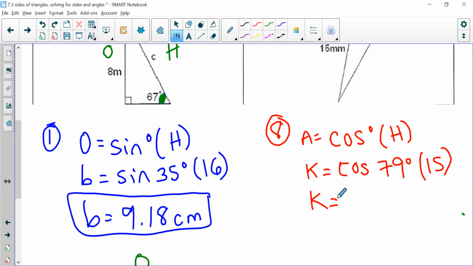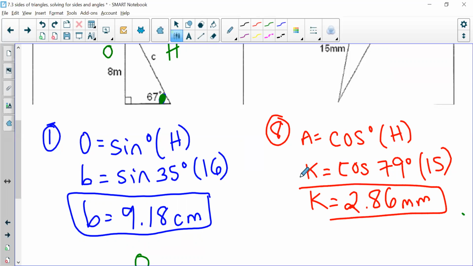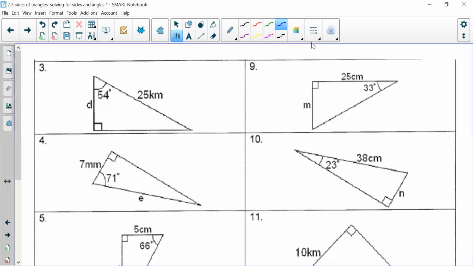And tell me what you're getting. 2.86. 2.86, perfect. And Lauren, it's millimeters, I can see it. 2.86 millimeters. Any questions on that one?